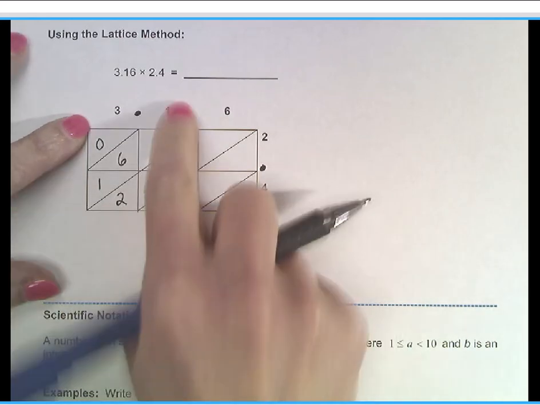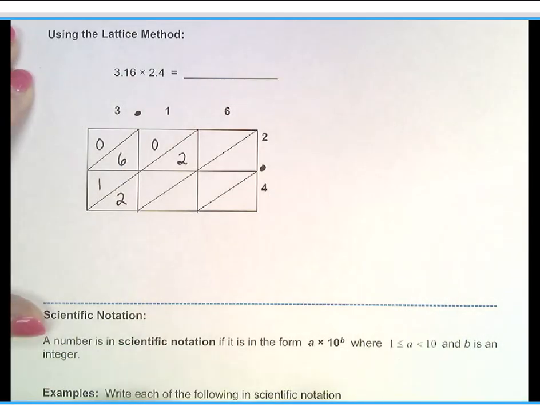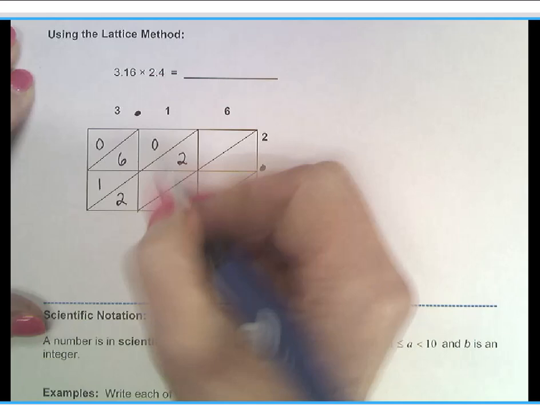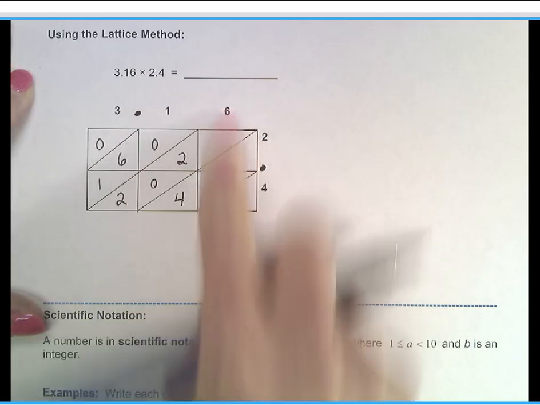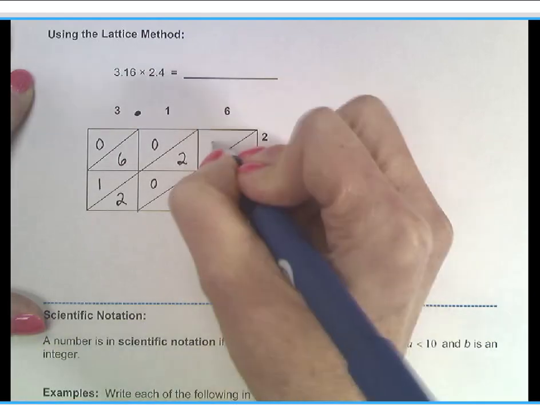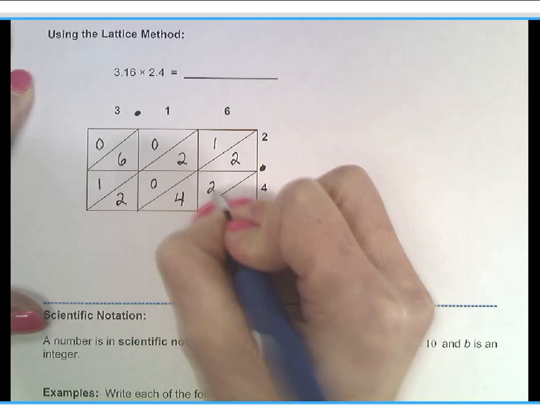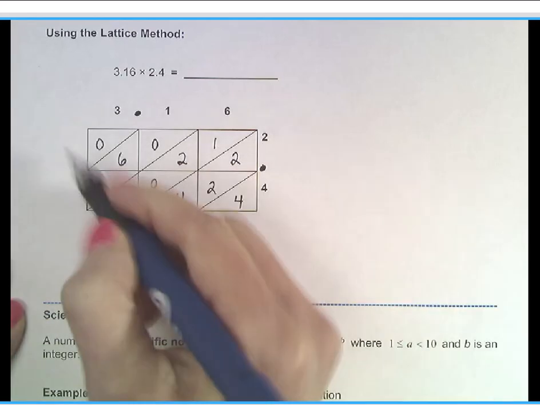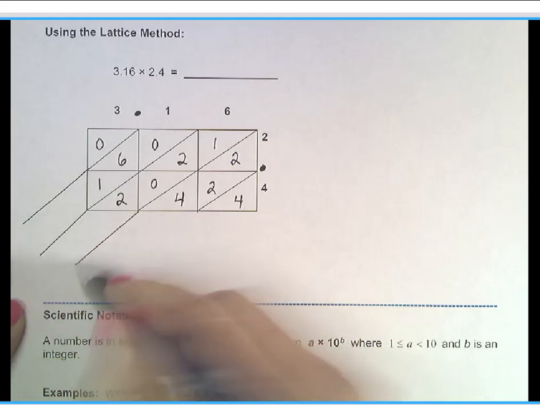Now let's do the 1. 1 times 2 is 2. 1 times 4 is 4. Now let's do the 6. 6 times 2, that's 12. 6 times 4, that's 24. So we've got this thing all set up. Now you extend your diagonals.